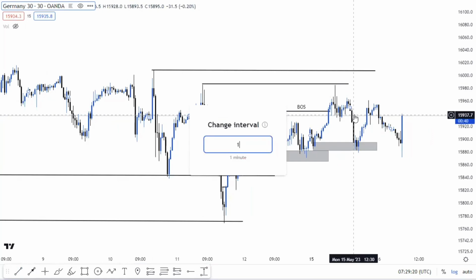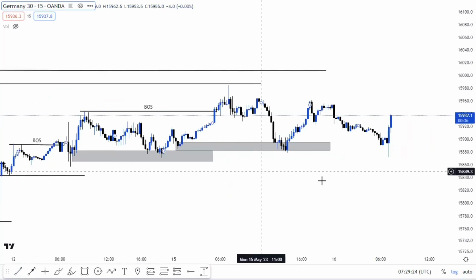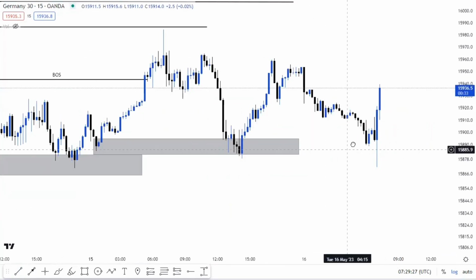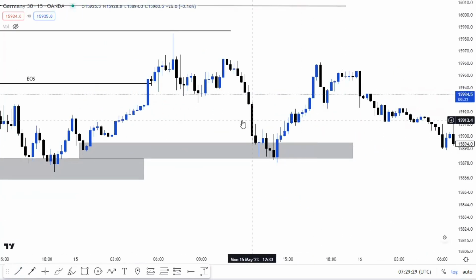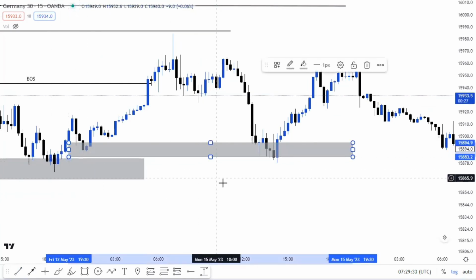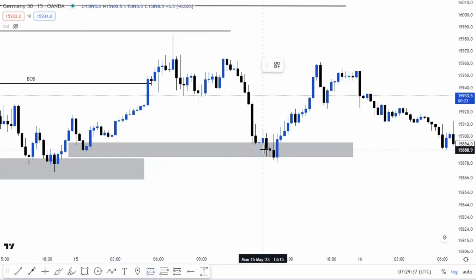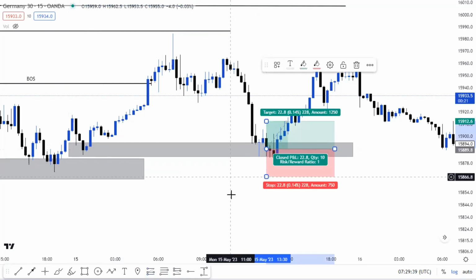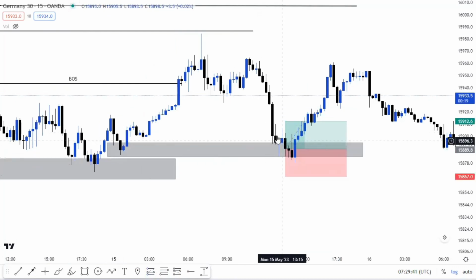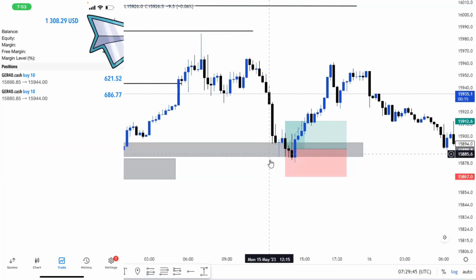Okay, guys. Now let me go down to the smaller time frame, which is our entry time frame, so that you see. Right here, we can see our demand zone. We entered this trade somewhere around here because we already have these candlestick patterns indicating reversal patterns.